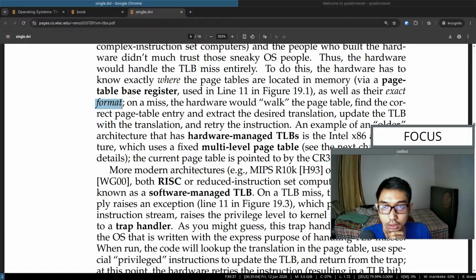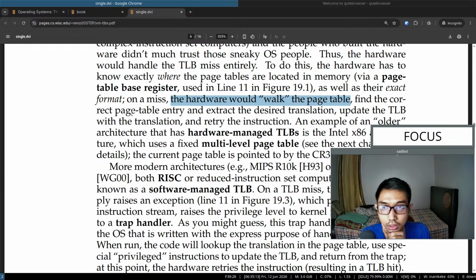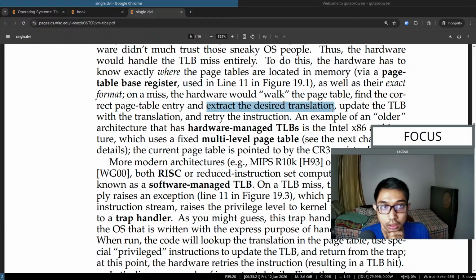Okay, their exact format. On a miss, the hardware would walk the page table, find the correct page table entry, and extract the desired translation.